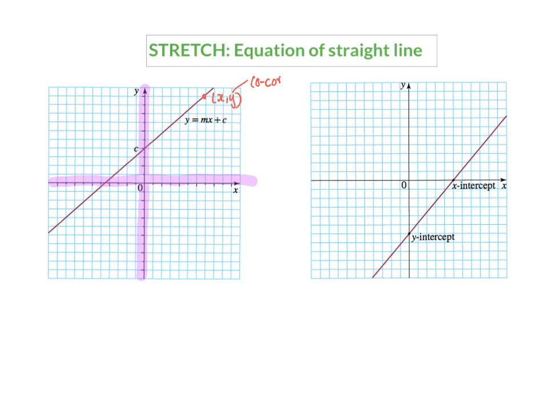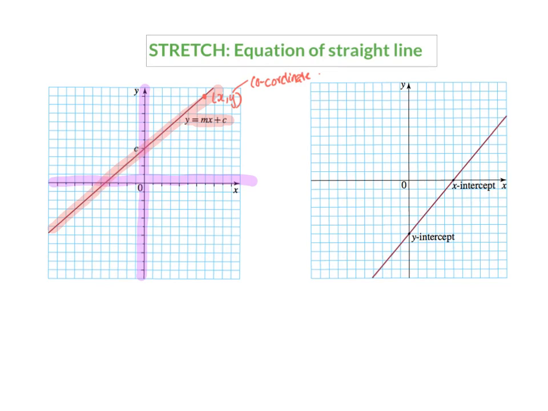If we plot a few coordinates, we can get them all in a straight line. When your coordinates all form a straight line, they have a formula that follows this type of pattern.